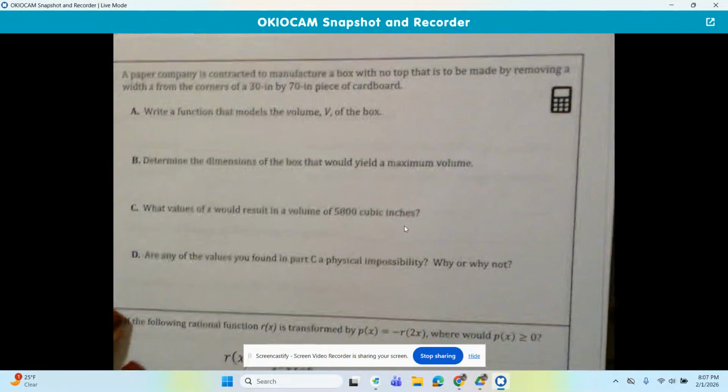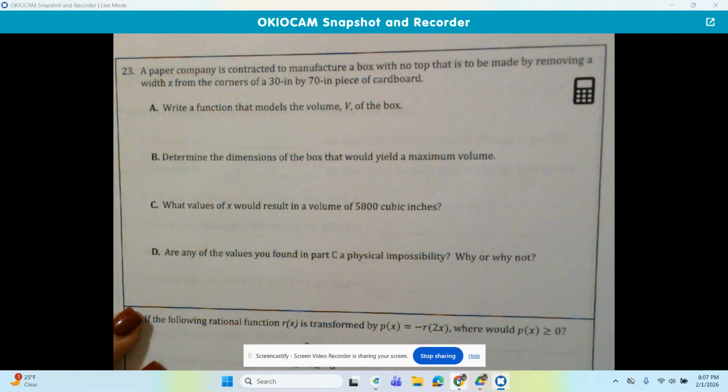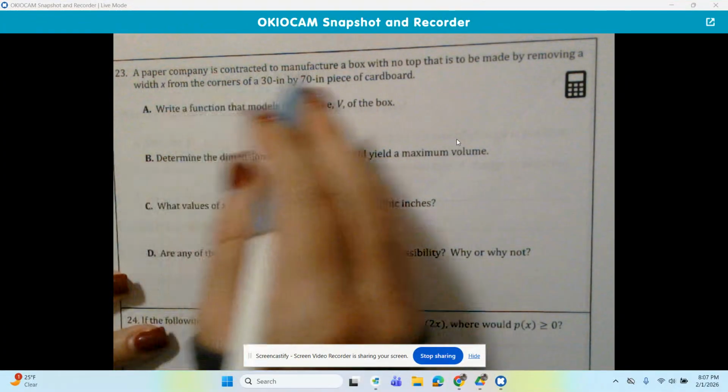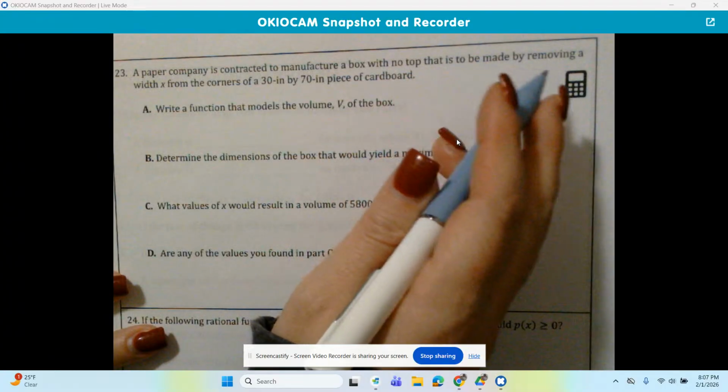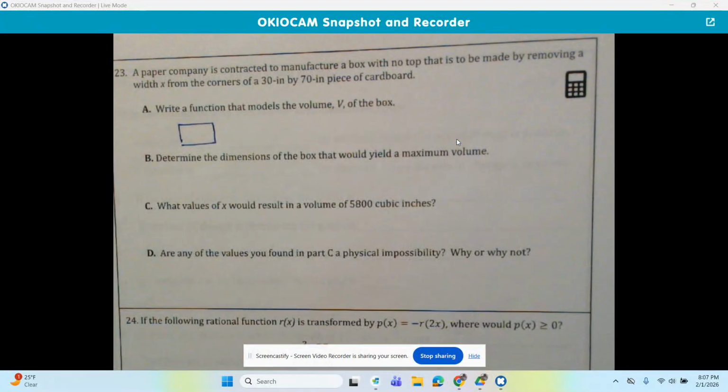Next problem is our volume problem that we talked about. Remember, I ripped the paper in class. Okay, so again, I do have this already typed in. Let's talk about getting that value though before I get to what I typed in. Okay, so you've got a paper company contracted to manufacture a box with no top that's to be made by removing. All right, so we've got a rectangle.